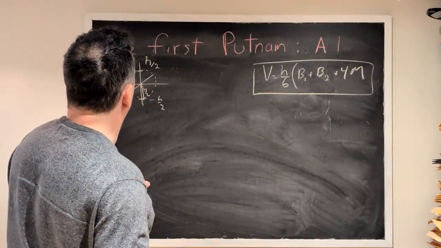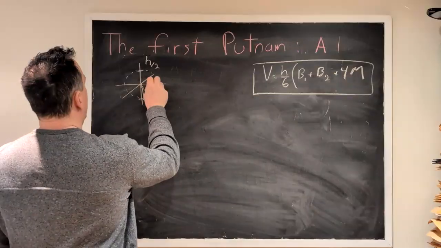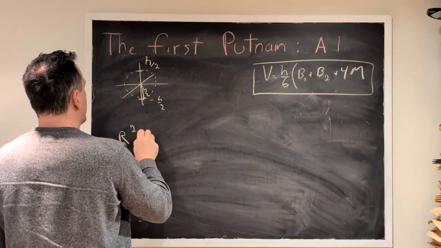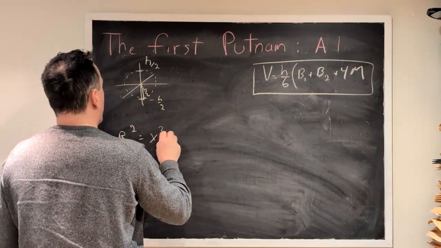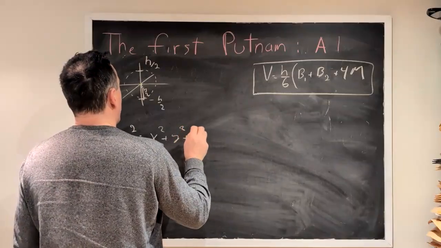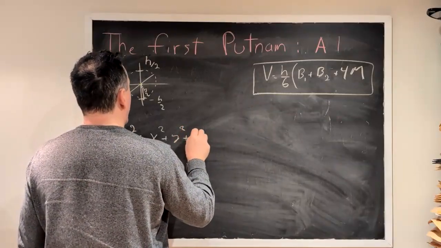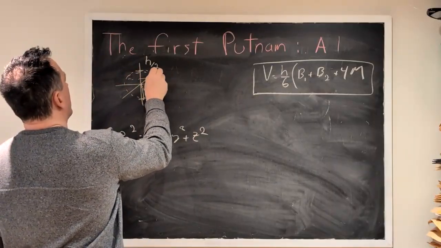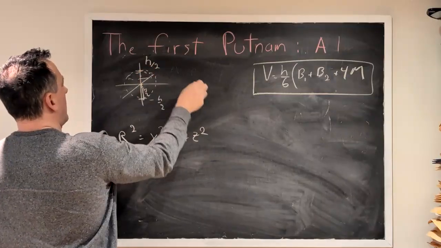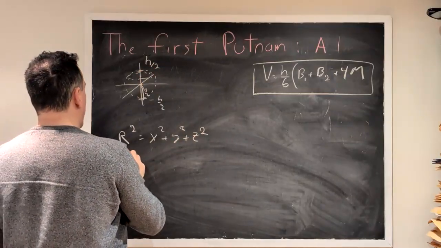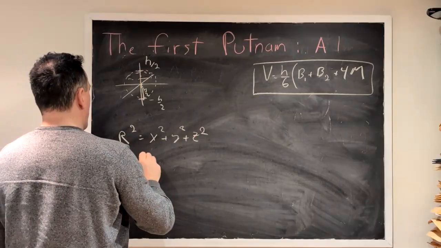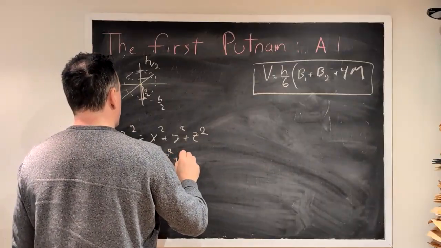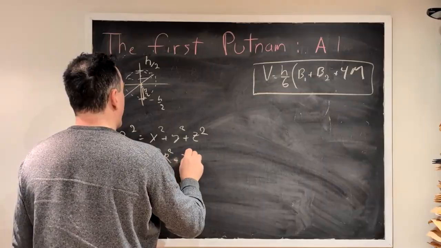And here, of course, we know that the radius of the sphere squared is equal to x squared plus y squared plus z squared, which means that any circle at a given z height satisfies the equation x squared plus y squared equals r squared minus z squared.